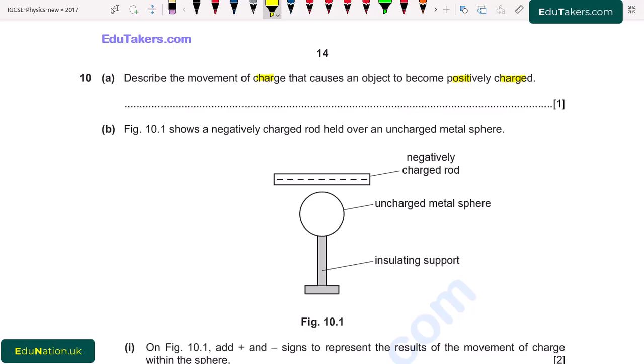So if I consider that there is an object and there is another object, if I remove the electron from this object and shift here, so there will be positive charge because here will be the deficiency of electrons.